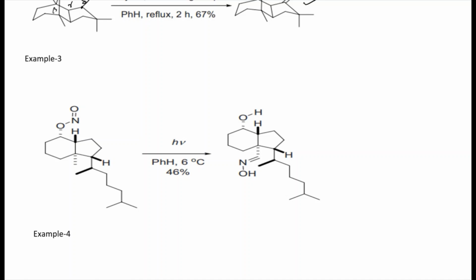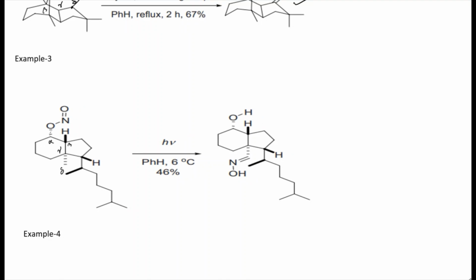In this compound, this is the alpha, this is beta, this is gamma, and this is delta. So now this is below the plane, and also this group is below the plane. So a 6-member cyclic transition state is possible, as these two groups are both below the plane, and that's why the oxime will be formed on this carbon.